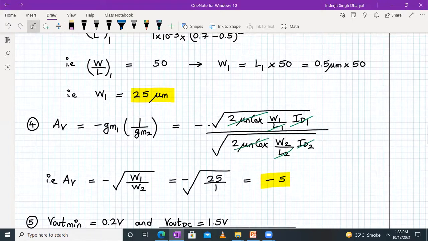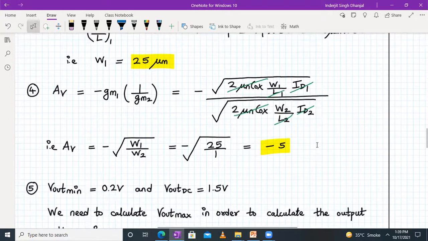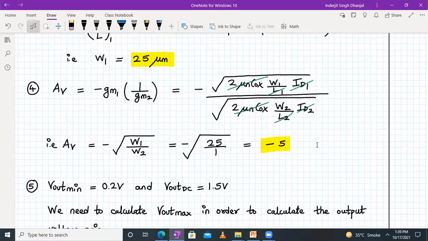GM1 is square root of twice mu n Cox W by L of 1 into ID1, and GM2 is square root of twice mu n Cox W by L of 2 into ID2. So twice mu n Cox will cancel out. ID1 and ID2 are the same because the same current flows through both the transistors. L1 and L2, the channel length, are the same for both the MOSFETs. So your AV is nothing but minus square root of W1 upon W2.